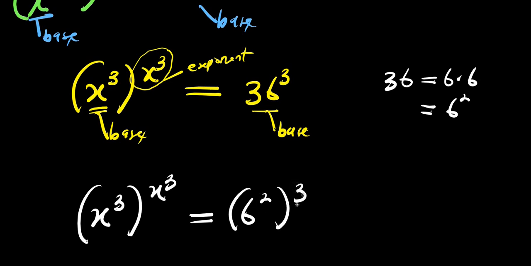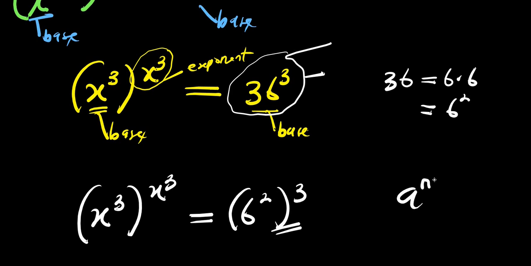Now, what we also want to achieve right here is to ensure that the base and the exponent are the same. So at this particular point, we apply this index law. If you have a power n raised to the power of m, this equals a power n times m.